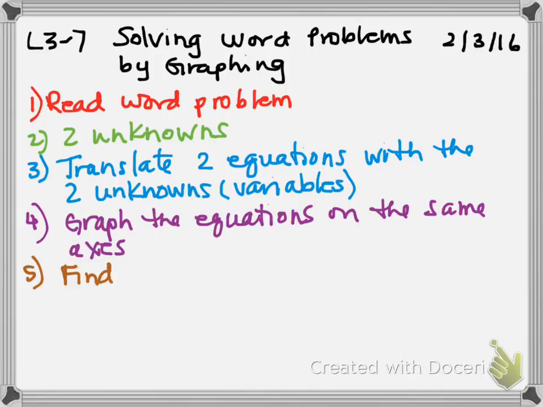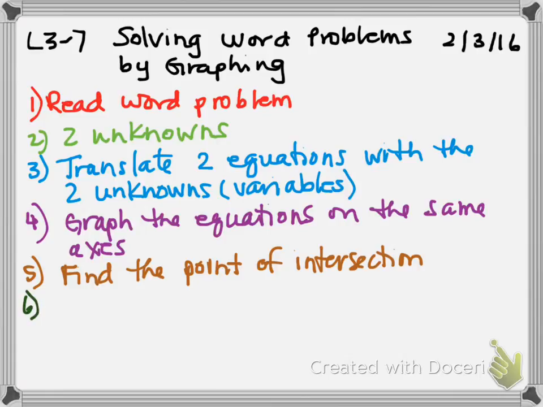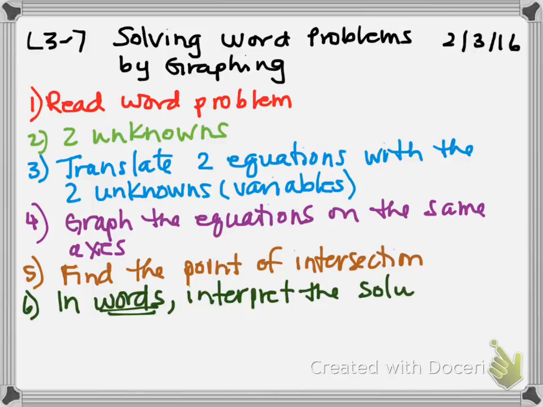Find the point of intersection, and then the key part: in words, interpret the solution. So when you're writing the answer to a word problem, you have no ordered pair. You write in words what it means. Okay, so that's kind of our basic process.